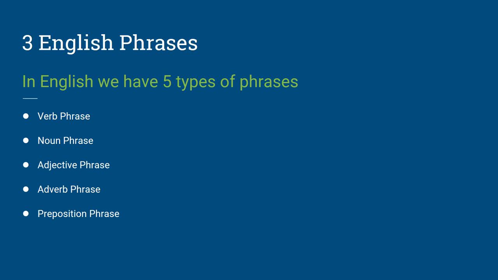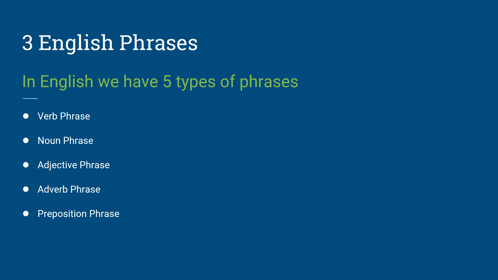As previously mentioned, by combining words, we can reach phrases. Phrases are a combination of words, and in English we have 5 types of phrases. We have a verb phrase, a noun phrase, an adjective phrase, an adverb phrase, and lastly a preposition phrase.